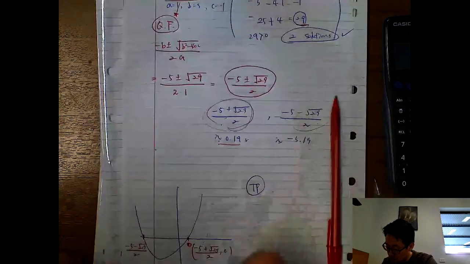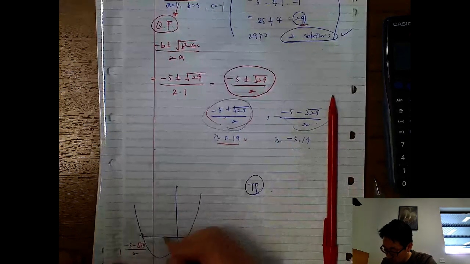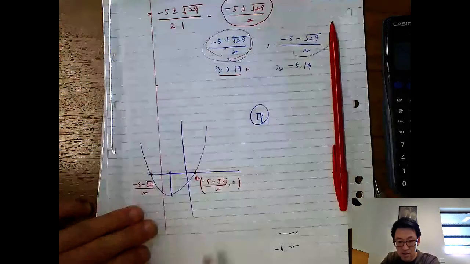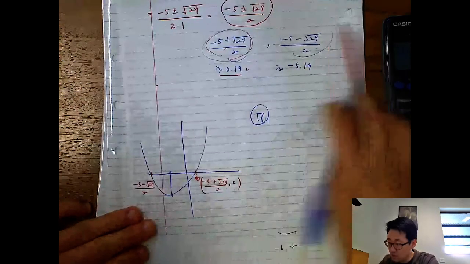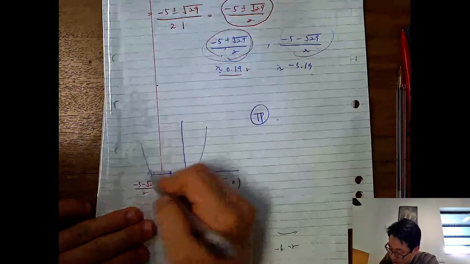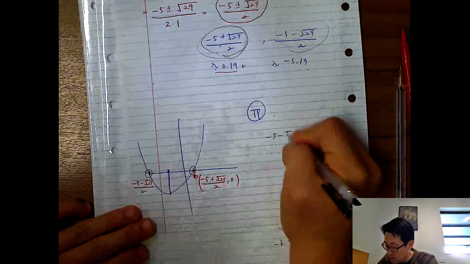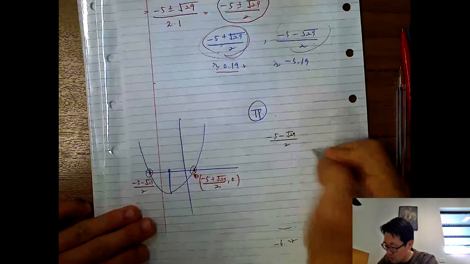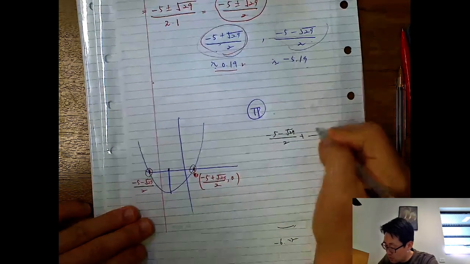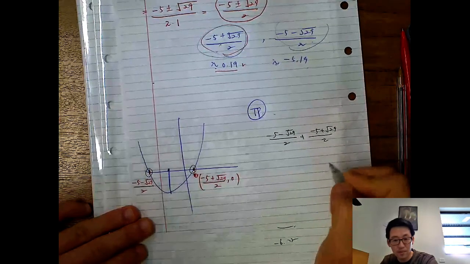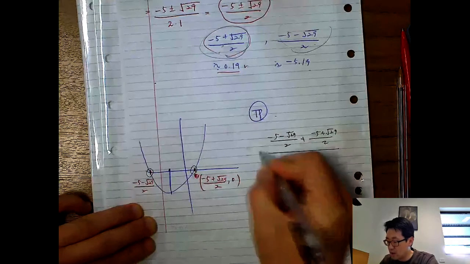Another thing we can do, you look at that. Obviously, this is somewhere in the middle, isn't it? So all I need to do, according to that, the same thing, yeah, I add these two numbers, just getting the average: minus 5 minus root 29 over 2, plus minus 5 plus root 29 over 2, and then divide by 2.